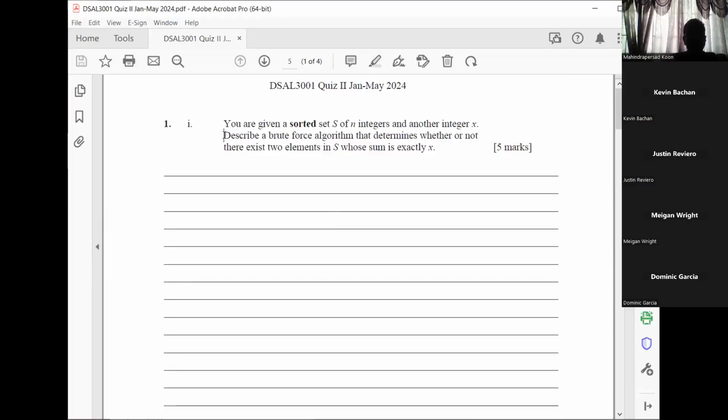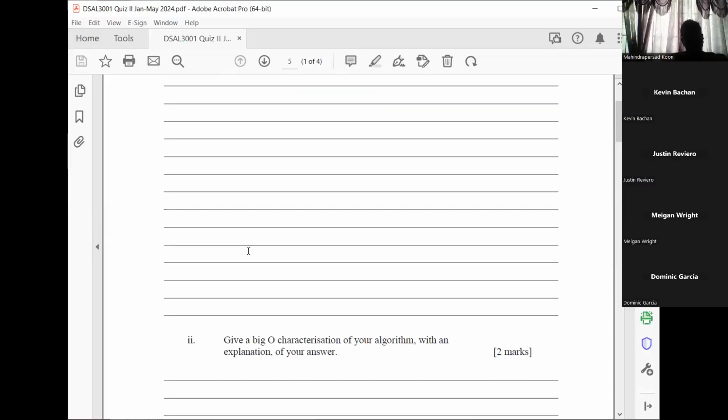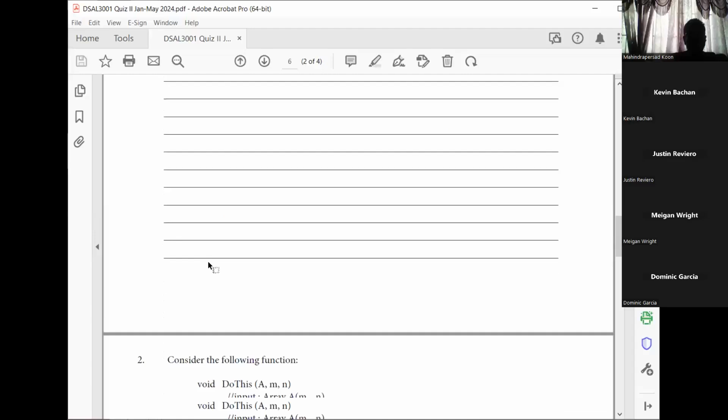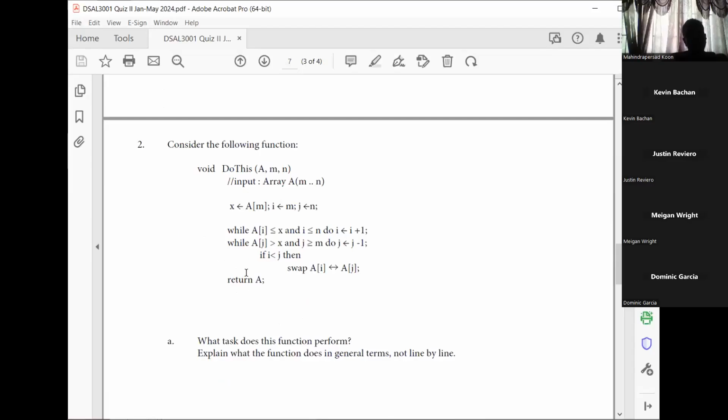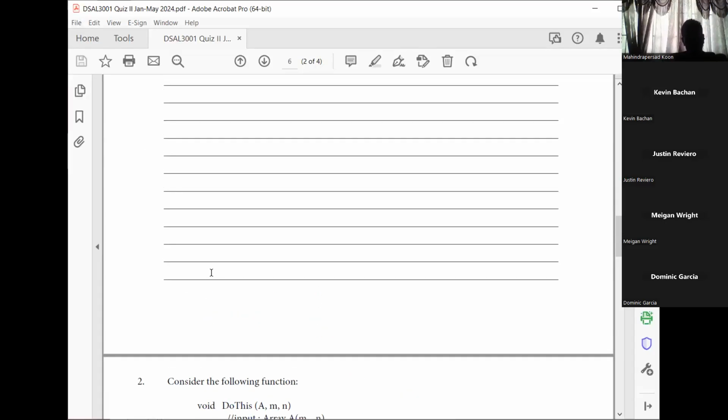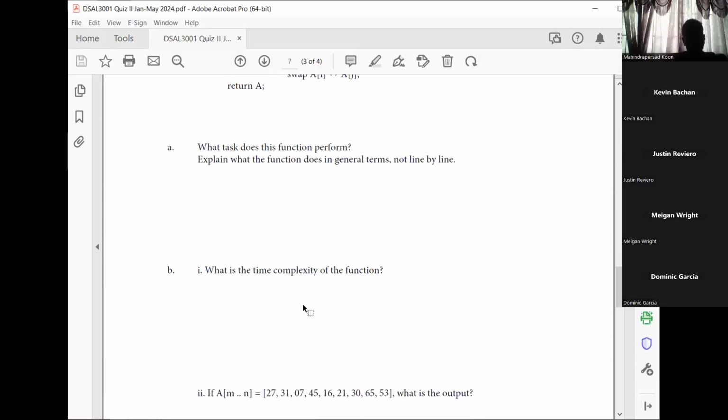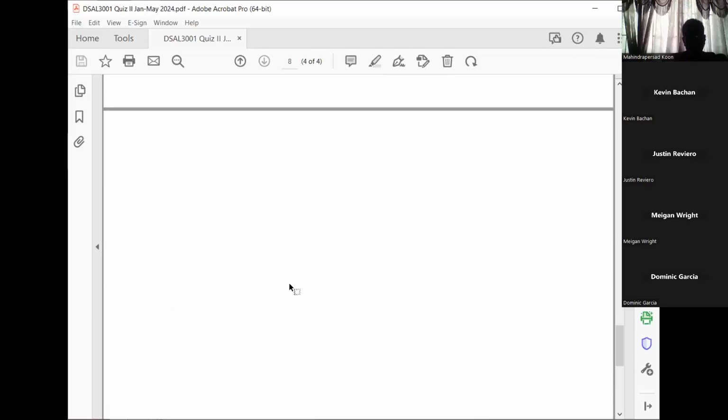By my using the term describe a brute force algorithm, I'm not asking you for it in pseudocode like this. This is pseudocode. Yes, this is the algorithm, but I don't want you to give me code. I want you to describe and tell me the step-by-step of what to do. If you prefer to write code and you could write code, that's fine. I'm trying to make it easy for you. Does that make sense, class? Did I confuse you?